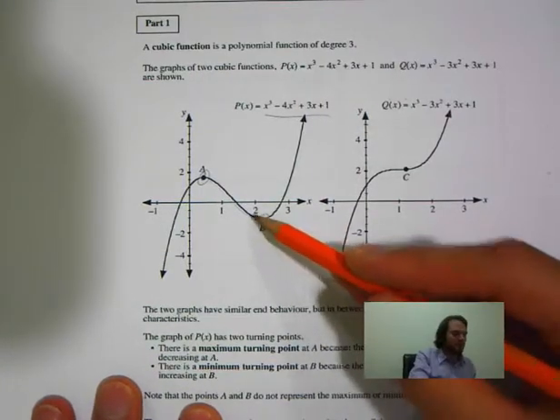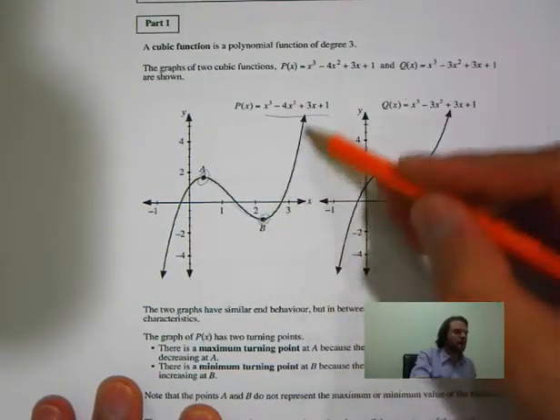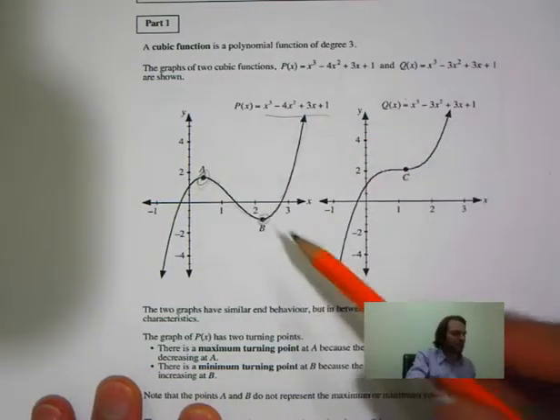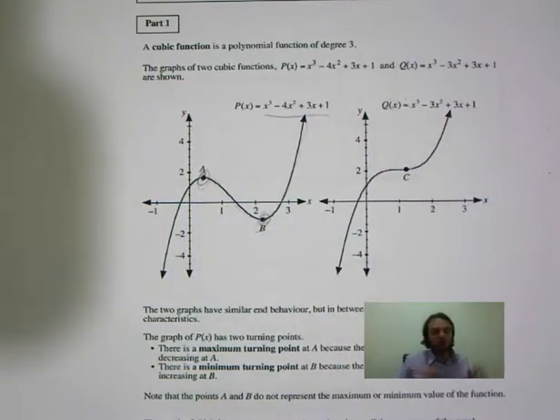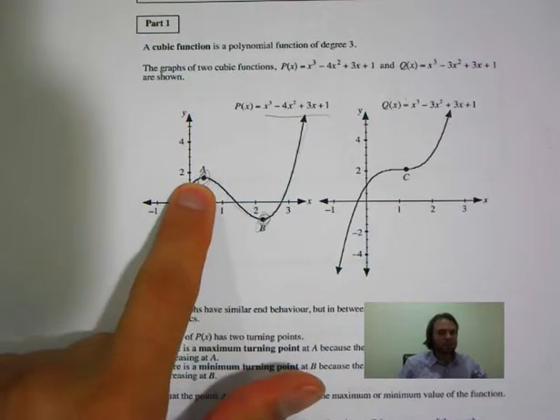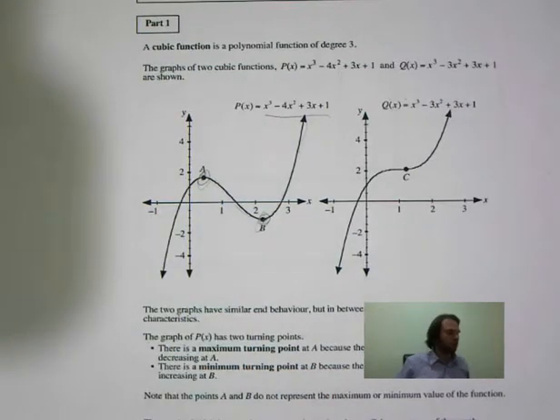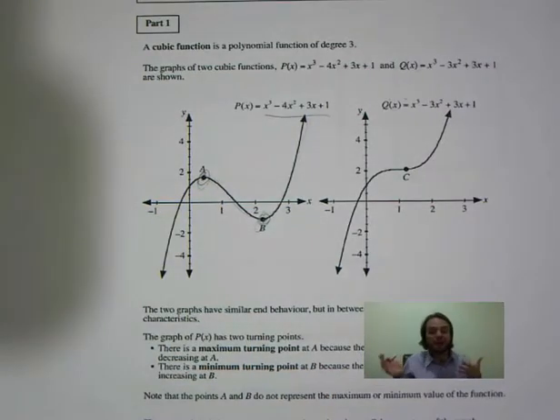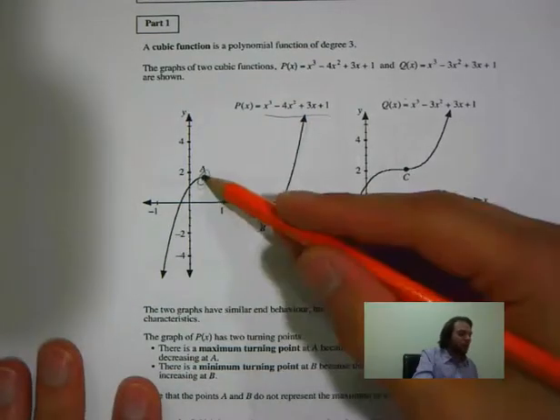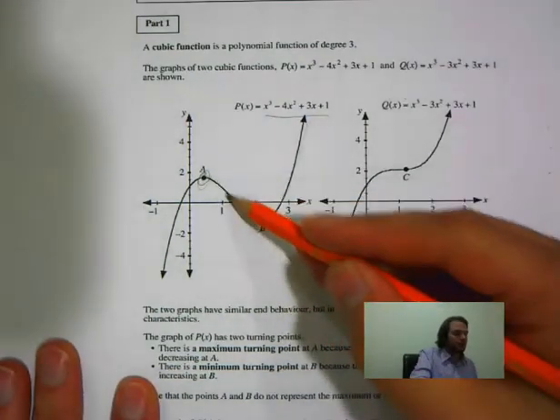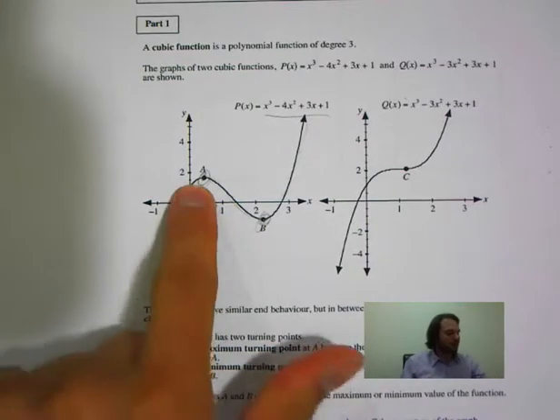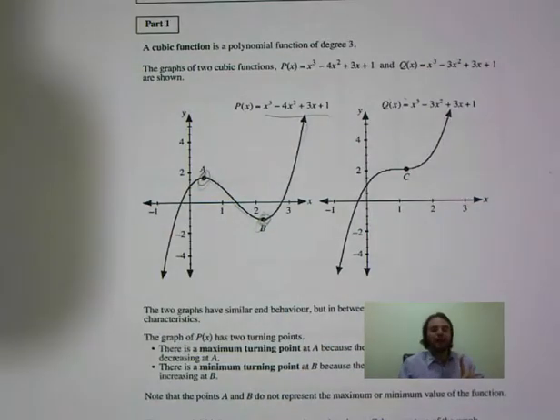Because this is a minimum, it decreases all the way to here, then goes back up. So we have one little mini maximum and a mini minimum. What makes each a maximum and minimum is we keep on going up till we hit a limit, and then it starts going down. So this graph here has two turning points, one maximum and one minimum.